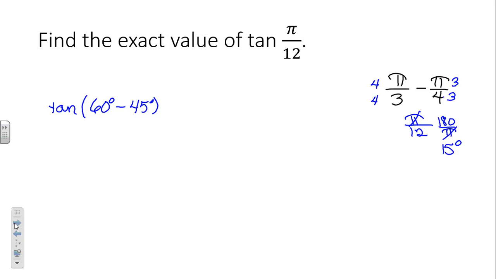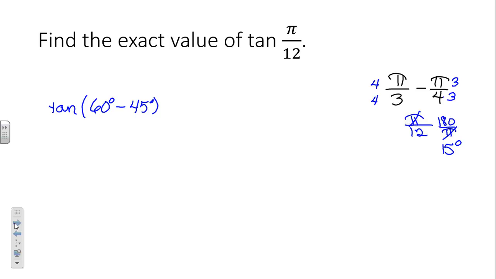So we have to use 60s, 30s, and 45s in some way to get 15 degrees, okay? So 60 minus 45 gets us 15 degrees, right? 45 minus 30 also gets us 15 degrees, right? So we could use that as well if you'd prefer, okay? So far so good? All right, haven't lost anybody.